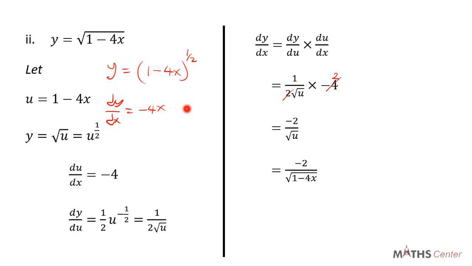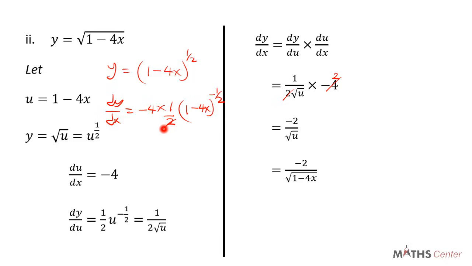Then times, we will differentiate the entire function as a whole. So half will drop and multiply. Then we reduce the exponent half by 1, and so (1 minus 4x) exponent half minus 1 will give us negative half.